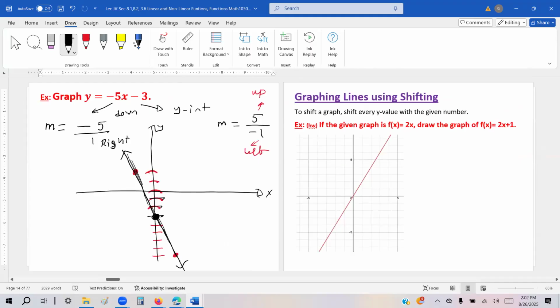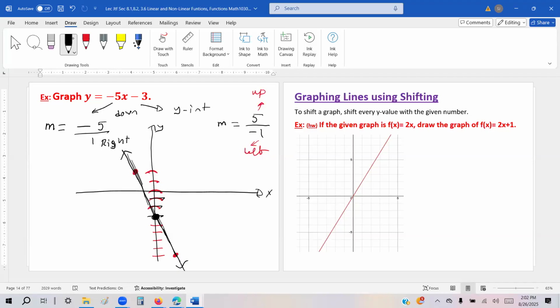We have a concept called shifting. Without even plotting any points, we can draw lines just by comparing our line with the original line. So this is from your homework. It says, I'm giving you two lines.